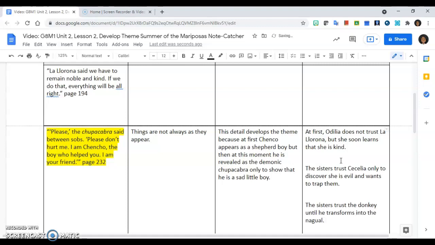And at that moment, they're like, oh, maybe it wasn't a nice little talking donkey, right? And so while sometimes, trusting people or taking things as they appear is great, sometimes it works out. La Llorona was a great help. Teresita was a great help. But sometimes it gets you into more trouble. And that is something that we learn all throughout this text.